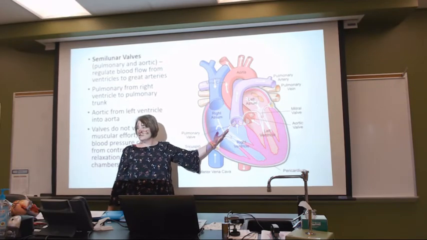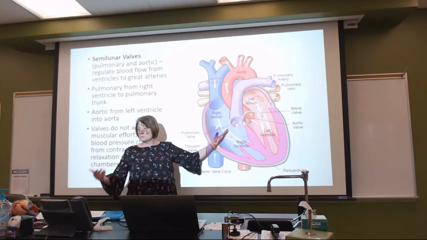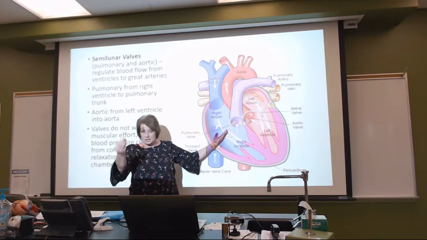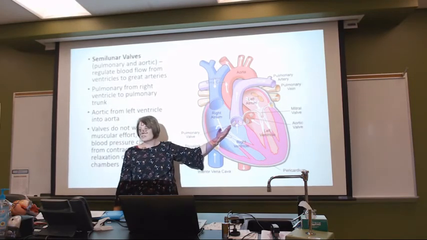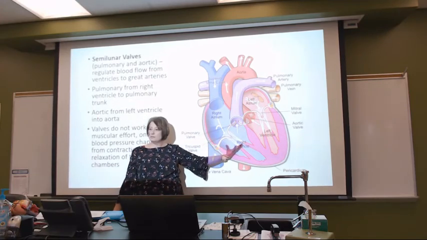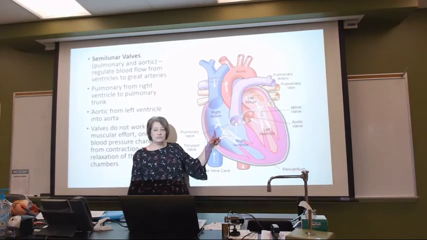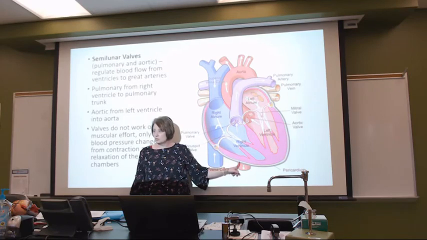Is that correct? Yes. As it fills, what would happen to pressure? It would increase. That means once it reaches a certain pressure, this valve has to open, and it has to allow the blood from the atria to flow to the ventricle.